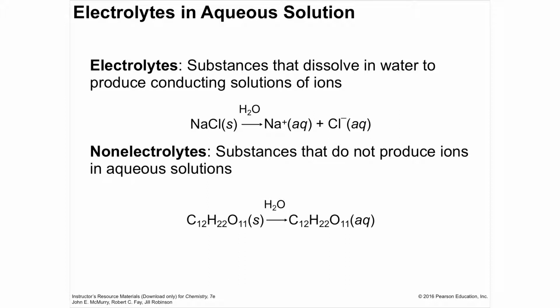So to review, electrolytes are substances that dissolve in water to produce ions. So in the sodium chloride example, sodium positive, chlorine negative, that would be an electrolyte. A non-electrolyte may dissolve in water. Sugar can dissolve in hot water, but it doesn't break apart into ions, and so there would be no electricity or current in the water, and so it's called a non-electrolyte.